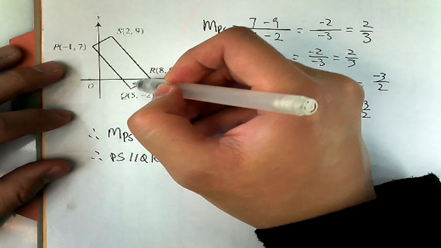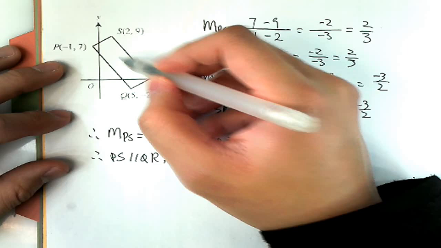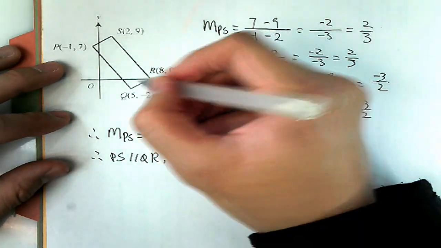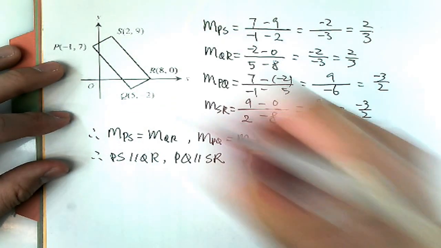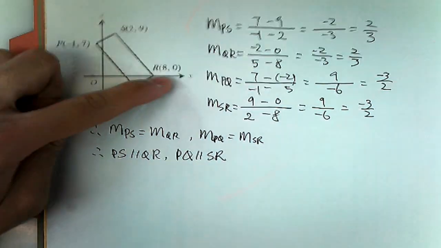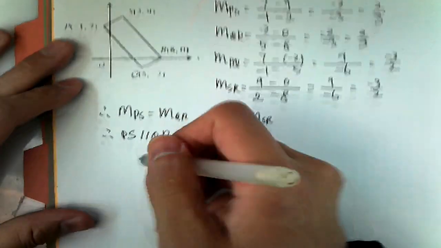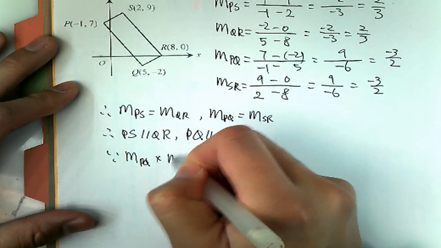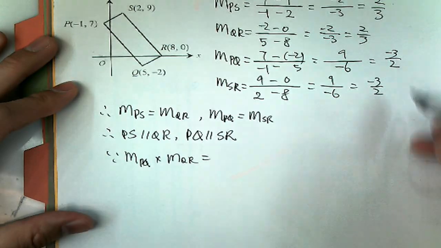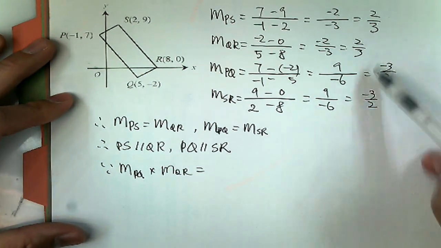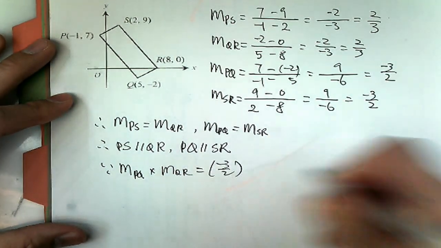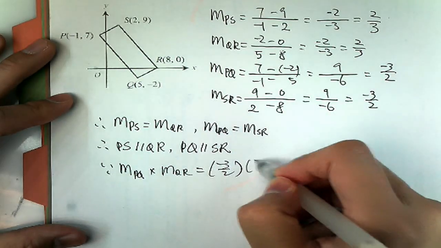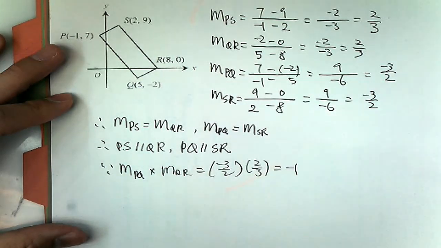So you have to check whether there is one right angle, okay? So you can check whether this is a right angle. You can just check whether they are perpendicular, right? So you can check, because MPQ times MQR equal to, PQ is minus 3 over 2, and then QR is 2 over 3, equal to minus 1.